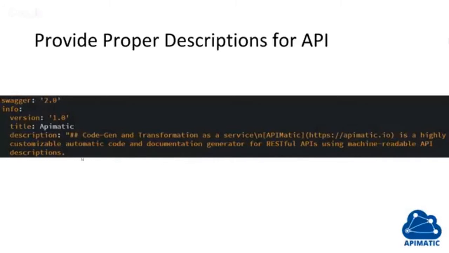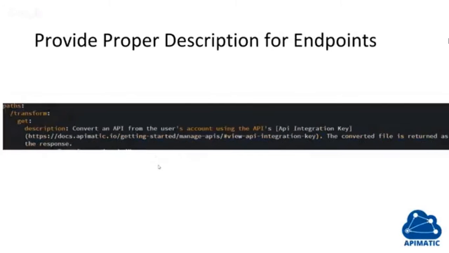It is highly customizable, and it is an automatic code and documentation generator for RESTful APIs. So it automatically generates code and documentation for your RESTful API using your API description. If anyone wants to read the documents or the code of this API, they would know right away what the main goal and purpose of this API is.